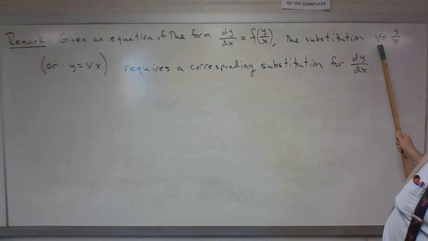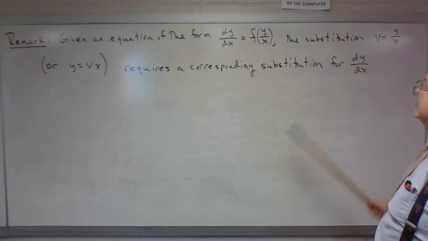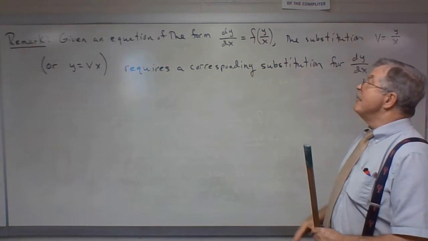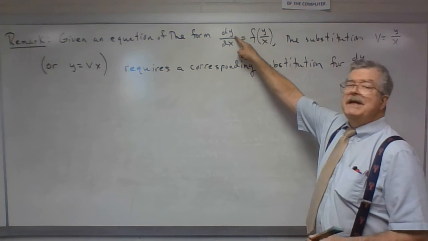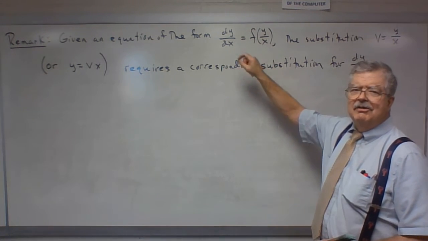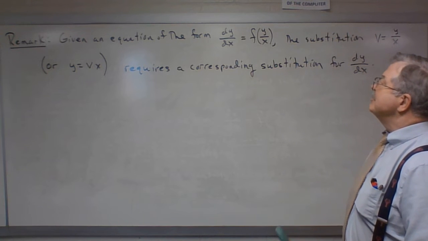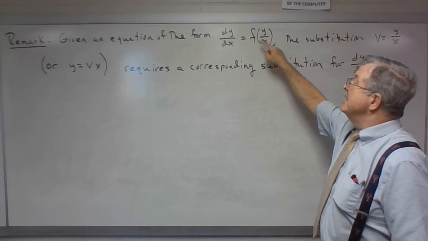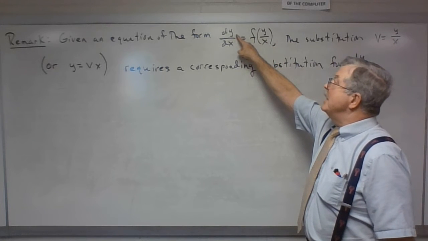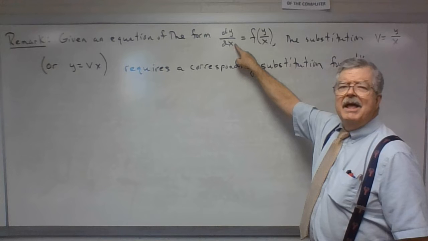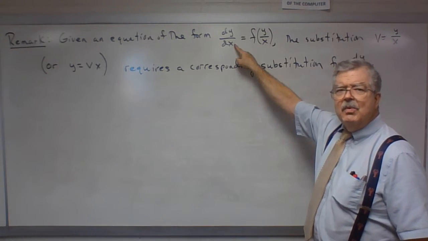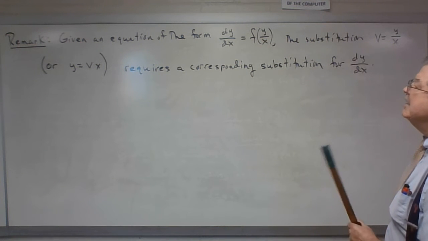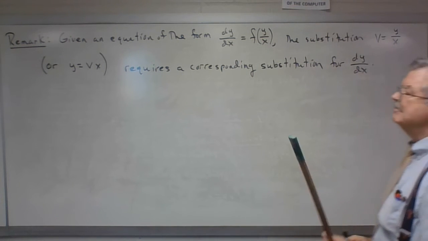Making this substitution, v equals y over x, we're eliminating y from the equation. And so we have to eliminate dy/dx from the equation also. Since we're eliminating y from the equation and replacing it with v, we're going to have to replace dy/dx with its equivalent in terms of dv/dx. So here's how we do this.